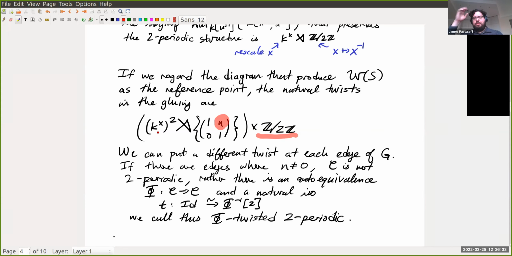That's kind of subtle to work out exactly. Of course, not all of those parameters are effective because some of them can be absorbed by equivalences of diagrams. That's actually a bit subtle to work out exactly how it works. But if you want a pointer, those parameters correspond to things like rescaling the two periodic structure or rescaling the twisted two periodic structure.